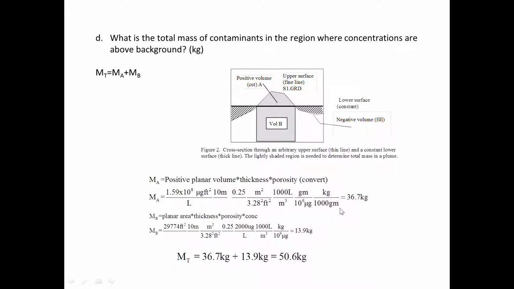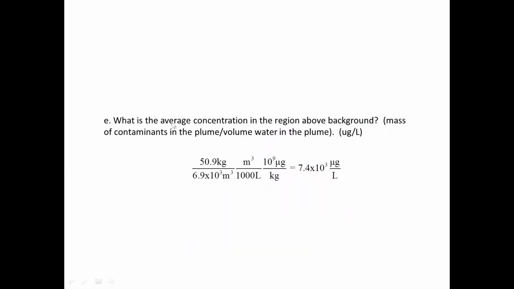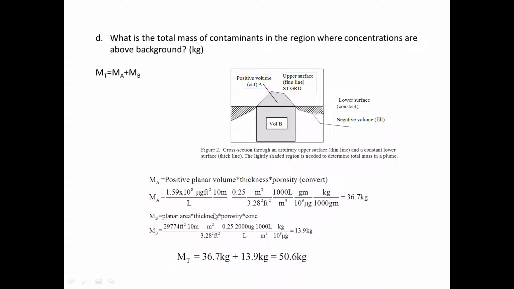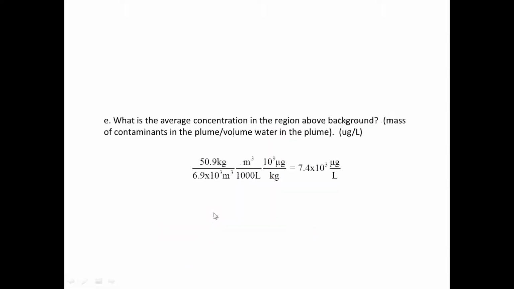Okay, so we also would want to determine what is the average concentration within this contour. So that's this last part. What's the average concentration in the region that's above the background? So the average concentration will just be the mass that we just calculated divided by the volume of the water. So we've already determined the information needed to do this calculation in these previous problems.